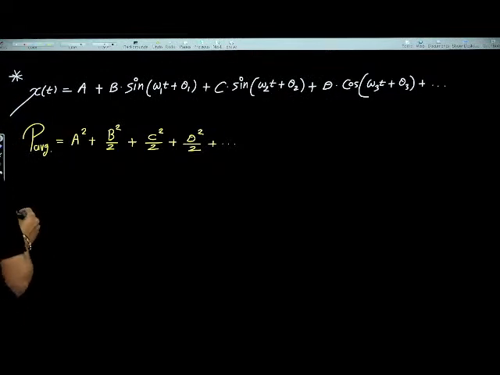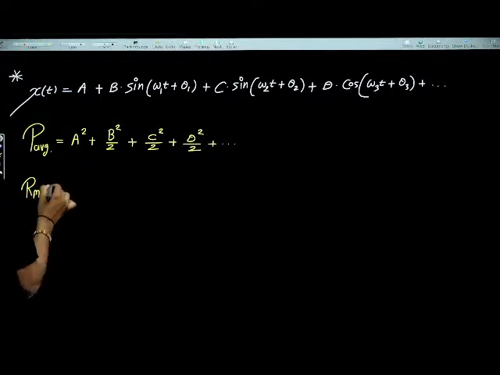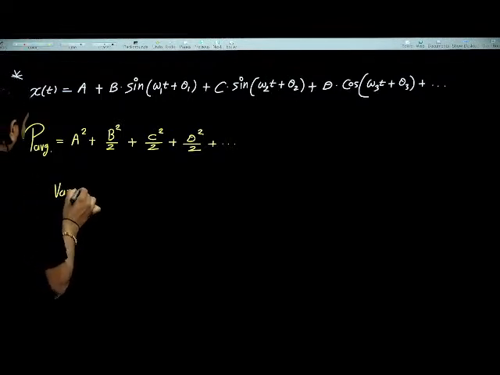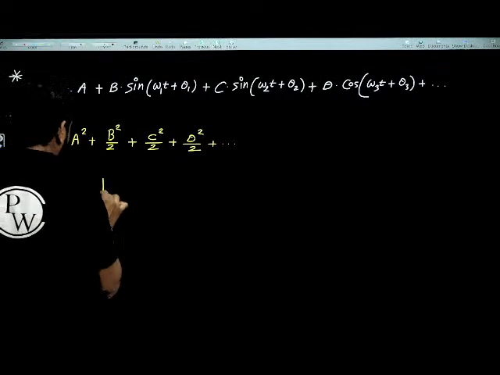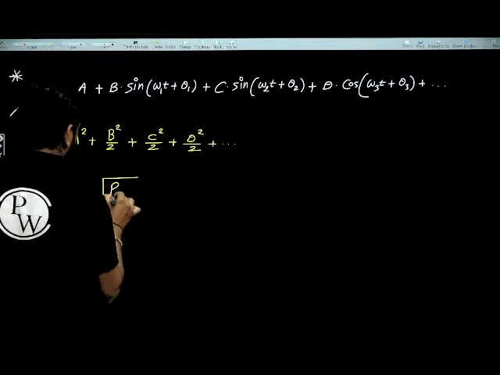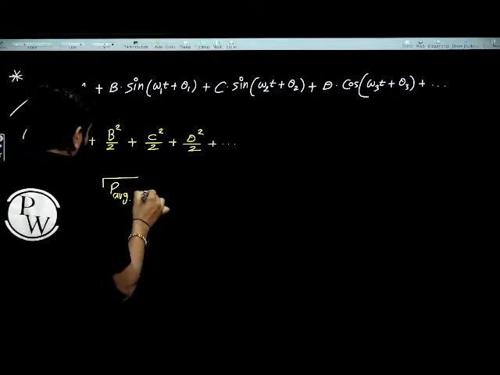And if it is a periodic signal and you want to calculate the RMS value of this signal, then the RMS value is nothing but the square root of the average power.